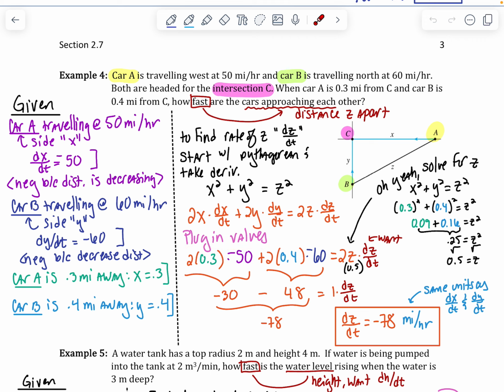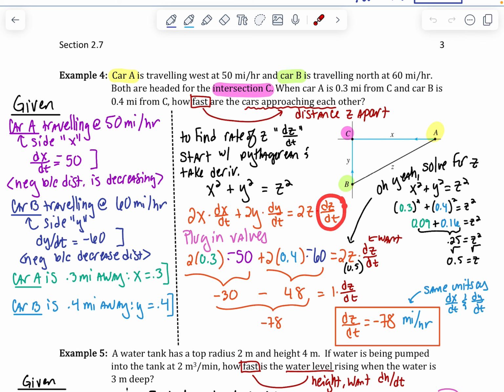As always, I'm going to go ahead and plug in values next, even though I'm looking for z, but not just z, the derivative of z, dz/dt, but I'll go ahead and plug in values now that we've already determined that x is 0.3, dx/dt is negative 50, y is 0.4, and dy/dt is negative 60.